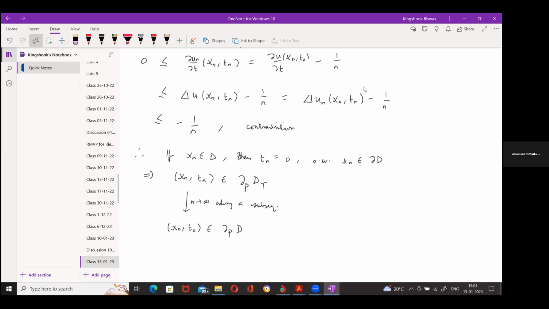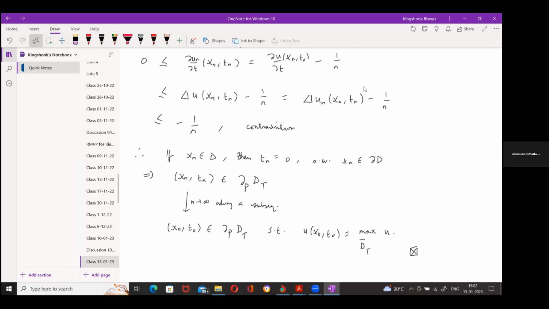The parabolic boundary is a closed subset of the cylinder, such that, again, because un converge to u uniformly, this means that x naught, t naught will be a maximum of u. Is this clear? Okay, so that's the proof of the parabolic maximum principle.